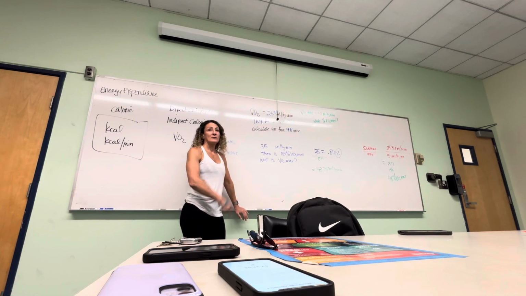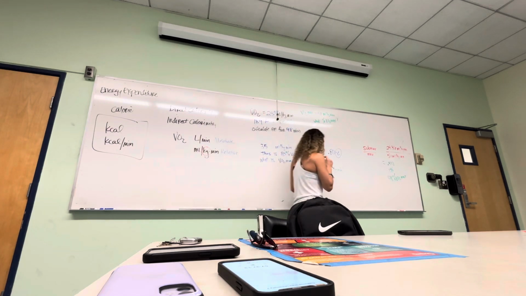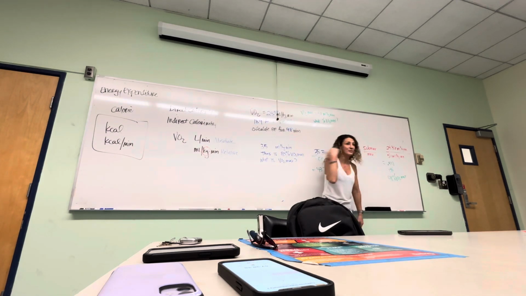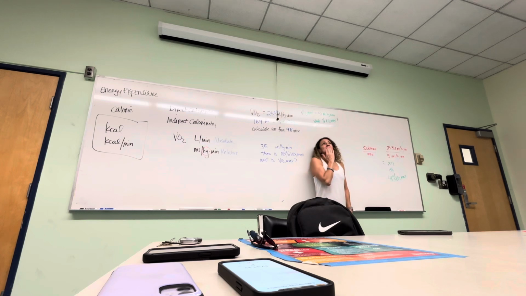Okay? Questions on this? Okay, so one of the concepts you need to grasp here as we move along with these calculations, and this is a tricky one to grasp and it's going to come up over and over again, is that any given intensity has a given oxygen requirement, which is why I'm assigning this person is working at 28 milliliters per kilogram per minute. That corresponds to a given intensity.